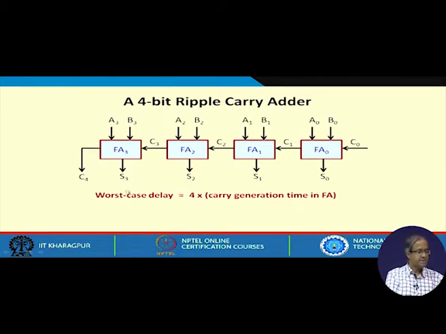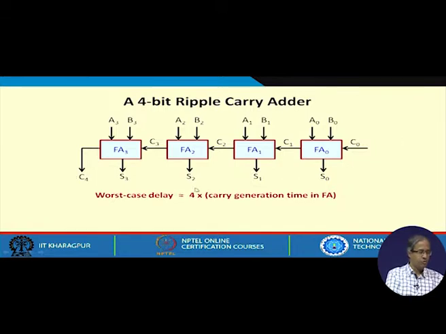This is the full adder design that we have seen earlier. This is the example of a 4-bit ripple carry adder, in fact a parallel adder. There are 4 full adders. As I said, each of the full adders will be adding a pair of bits of the input numbers A and B, generating the sum bit and generating the carry bit for the next stage. So, the worst case delay will be: the first full adder will be generating a carry, because of that this carry will be generated, because of that this carry will be generated, and again this carry will be generated.